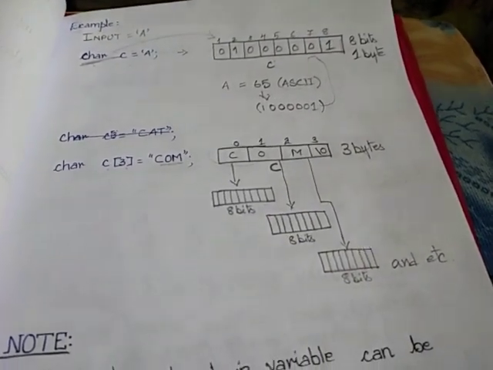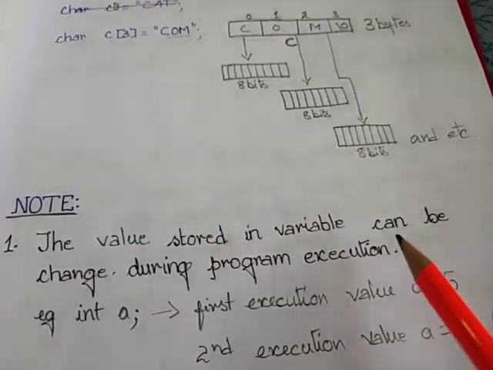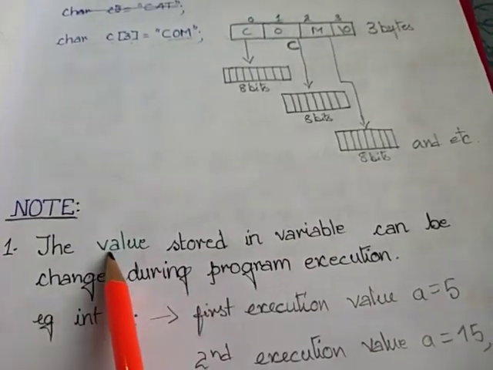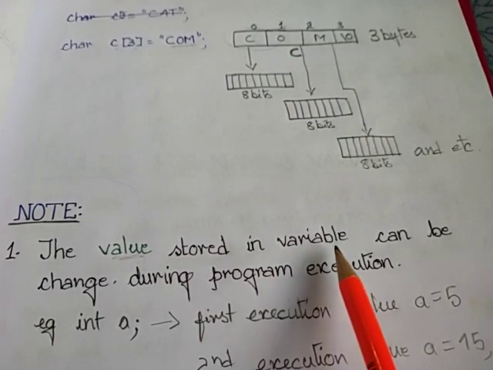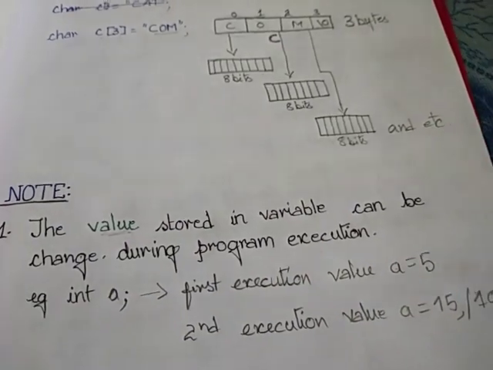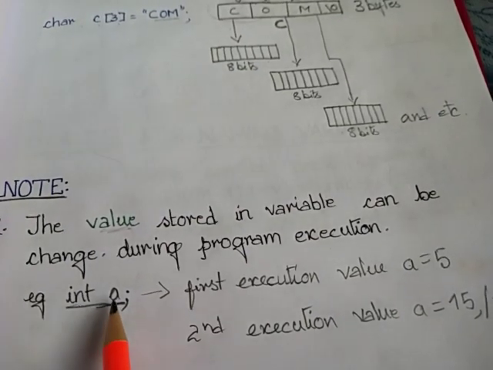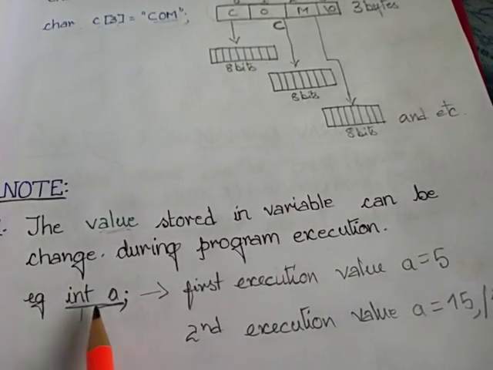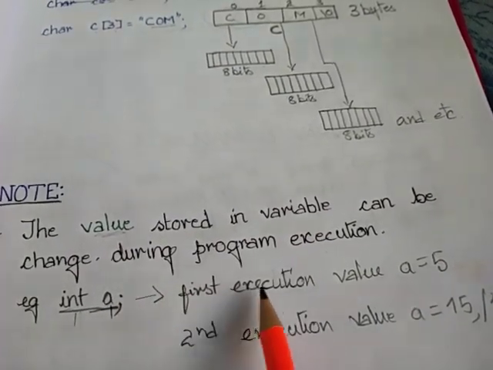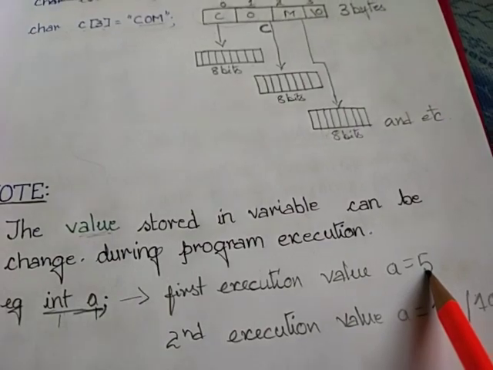So let's see, and please remember these 2 points. The value stored in the variable can be changed during program execution. Again, I'll mention the value that you store in the variable can be changed during program execution. What is the meaning of this? Suppose when you run the program for the first time, you mention int A. That means integer data you are going to input in the location or in the variable A. When you execute for the first time, you mention that the value of A is 5.